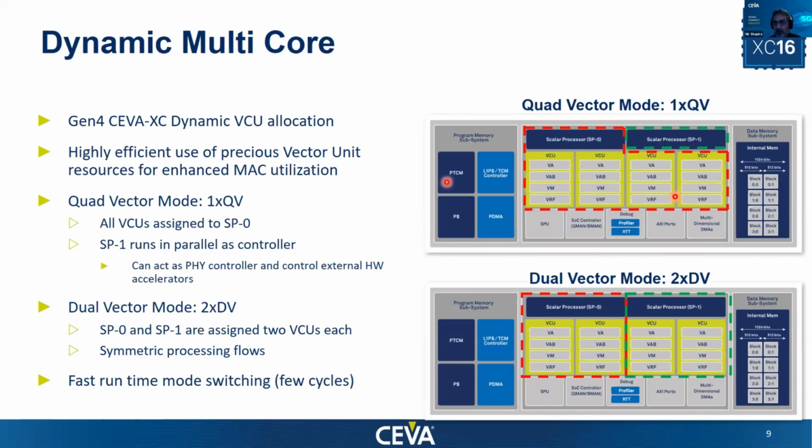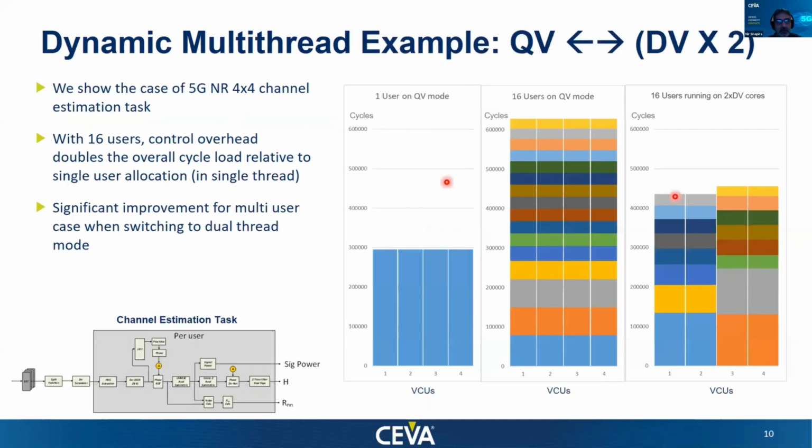So if I want to illustrate the benefit from this kind of architecture, this is a nice case in point. You can see here an example of code running a channel estimation task for a 5G NR 4x4 channel.